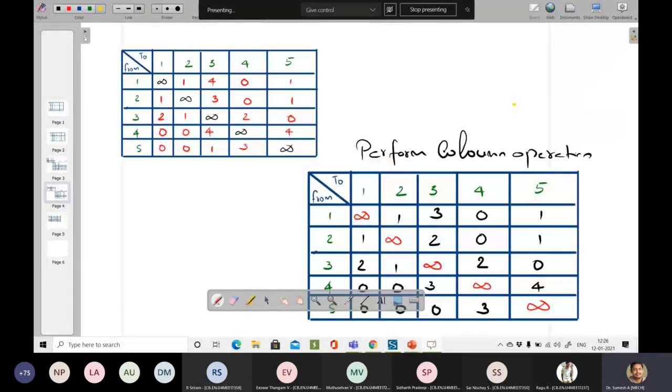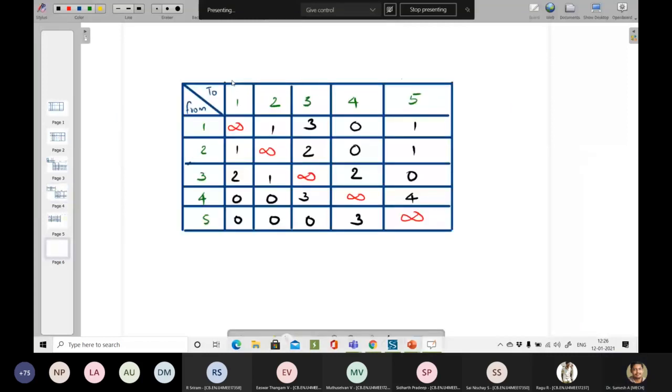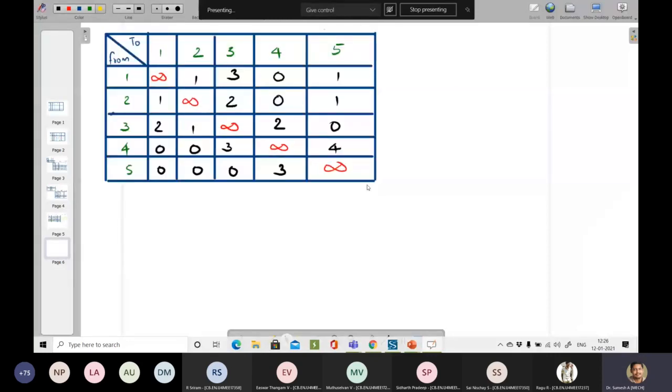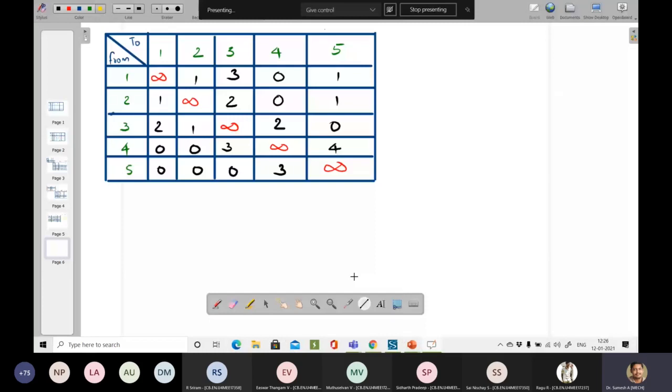You have to draw horizontal and vertical lines passing through the zeros. Am I right? The condition is that if I draw a line like this, it covers 2 zeros. If I draw a line like this, it covers 3 zeros.